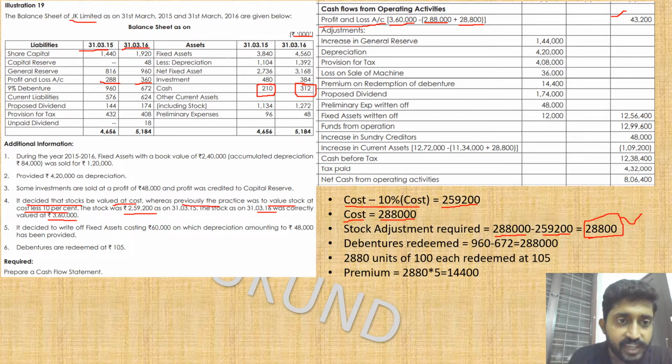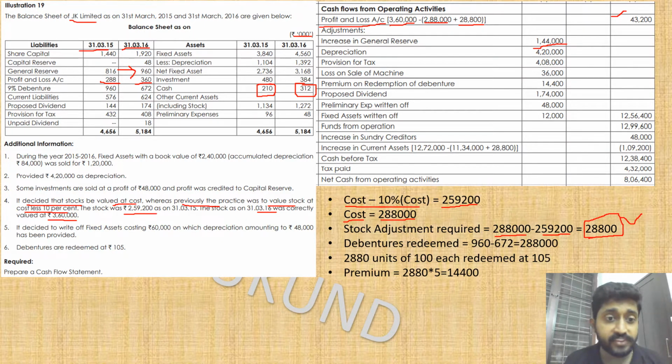Okay, if you see here, general reserves has gone up, from 816 to 9,60,000. So what is the increase? Approximately 1,44,000. P&L is debited for it, so we are adding this to the P&L because this is a cash flow from operation.